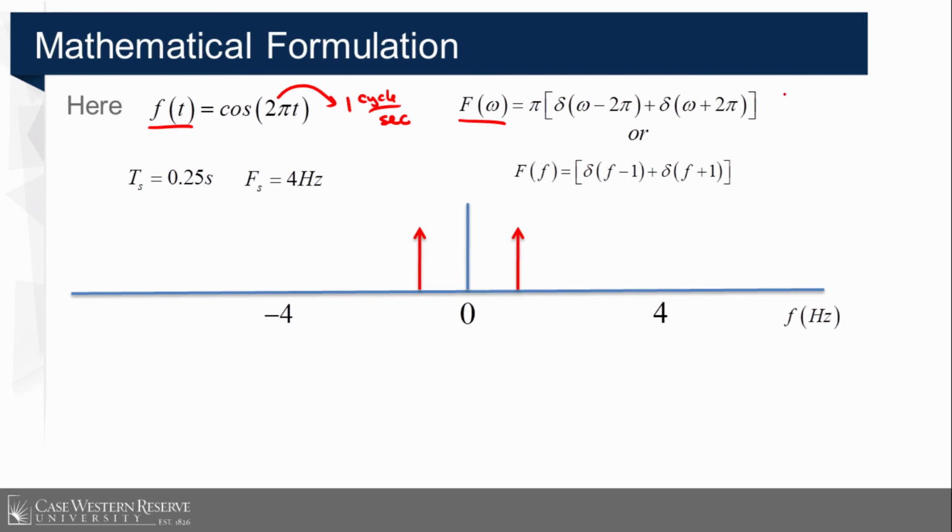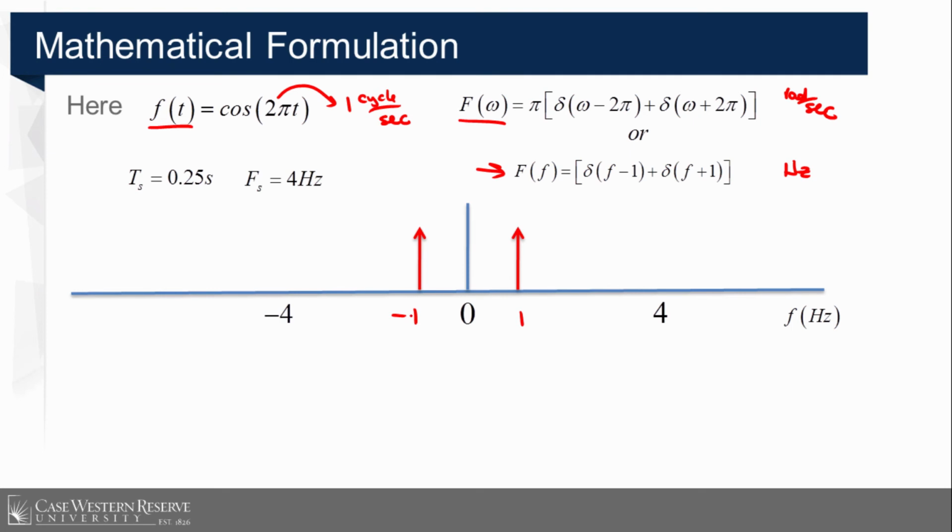So this equation here is for units of radians per second, and this bottom equation is corresponding to units of hertz. Let's focus on the bottom equation because we usually deal with units of hertz for these sampling problems. Okay, so we see that our 2 delta functions here in our continuous time spectrum are located at 1 hertz and -1 hertz. This is exactly what we would expect.